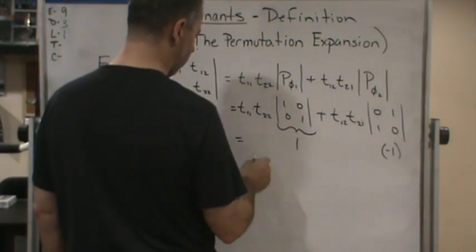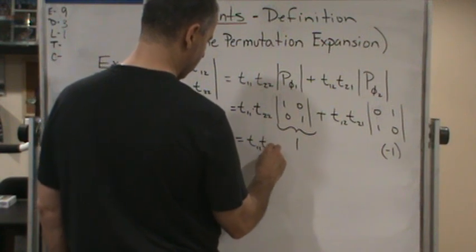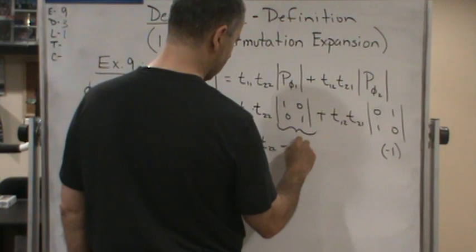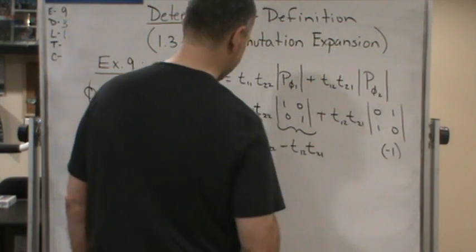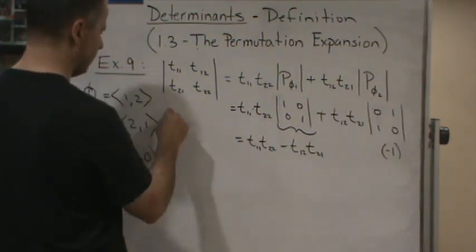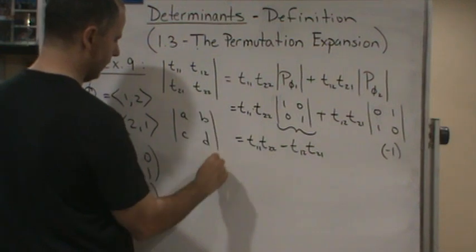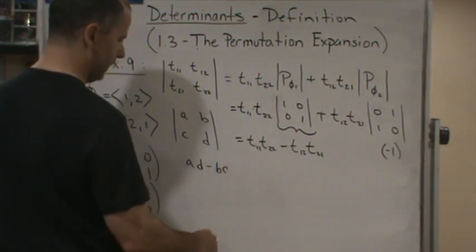And so now what do we get? We get t11, t22 minus t12, t21. And guess what? That's the same thing we get when we have a, b, c, d: it's ad minus bc.